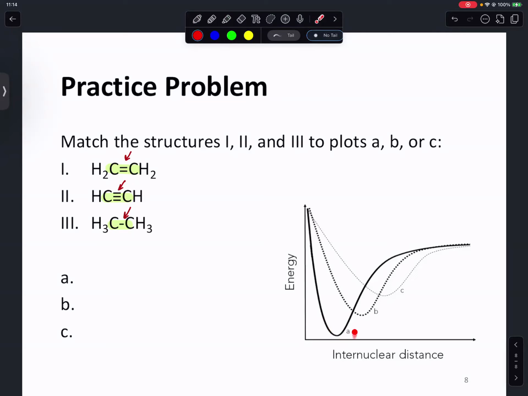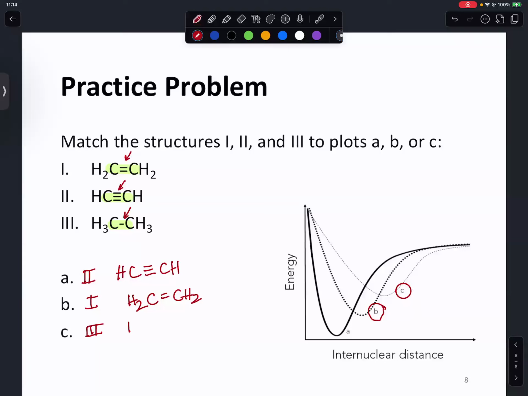So in this case, if this has the lowest energy and is most stable, it should be the shortest bond. It should be 2, which is HC triple bond CH. And then we said in between is going to be 1, which is the double bond. And finally, the longest and the highest in energy would be the single bond, which is 3, which is H3CCH3.